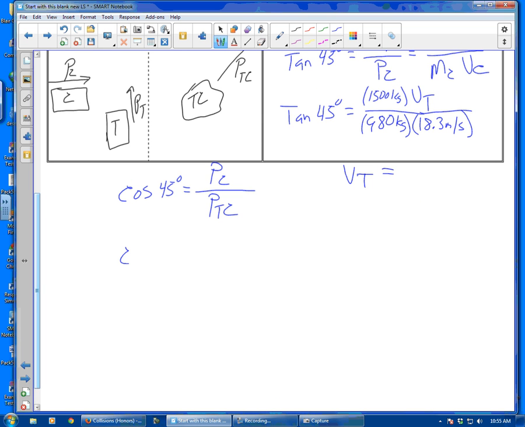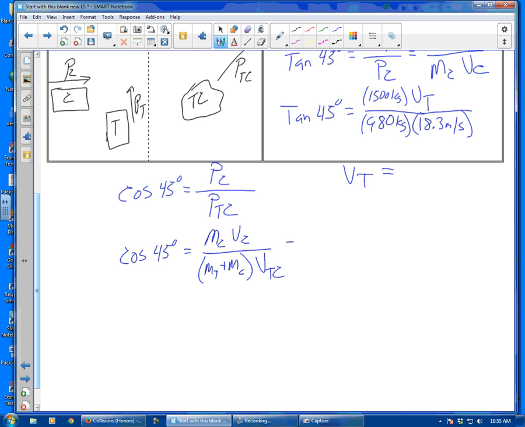And so I'm left with cosine of 45 degrees equals inertia of the car, speed of the car, over the inertia of the truck car, which is the inertia of the truck plus the inertia of the car, and then the speed of the truck car.